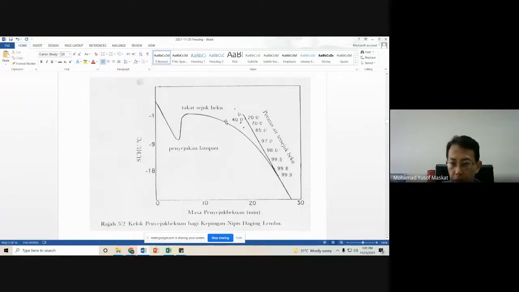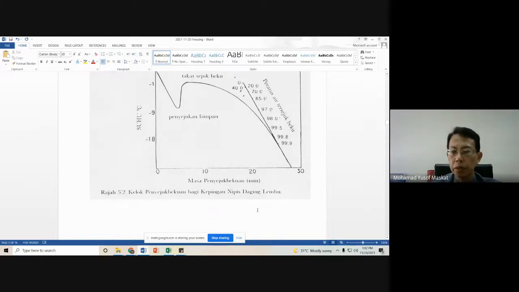So then it will end up like this, in a curve. See, this is the percentage of water that has been converted into ice. So the more the conversion of water into ice, the lower the freezing point, like that.